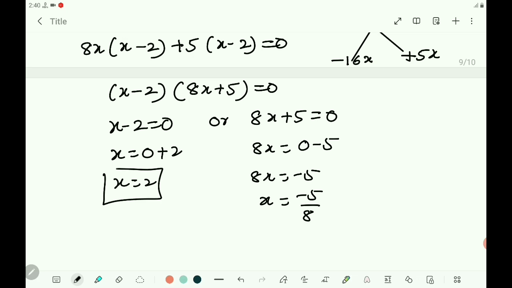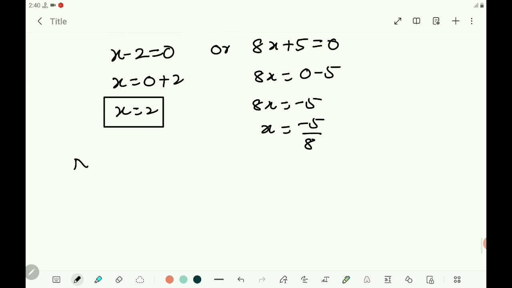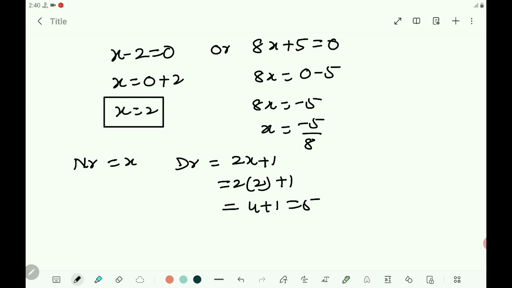Here we have to consider the positive. Therefore, x equals 2. Numerator equals x, denominator equals 2x plus 1, which equals 2 into 2 plus 1, that equals 4 plus 1 equals 5.